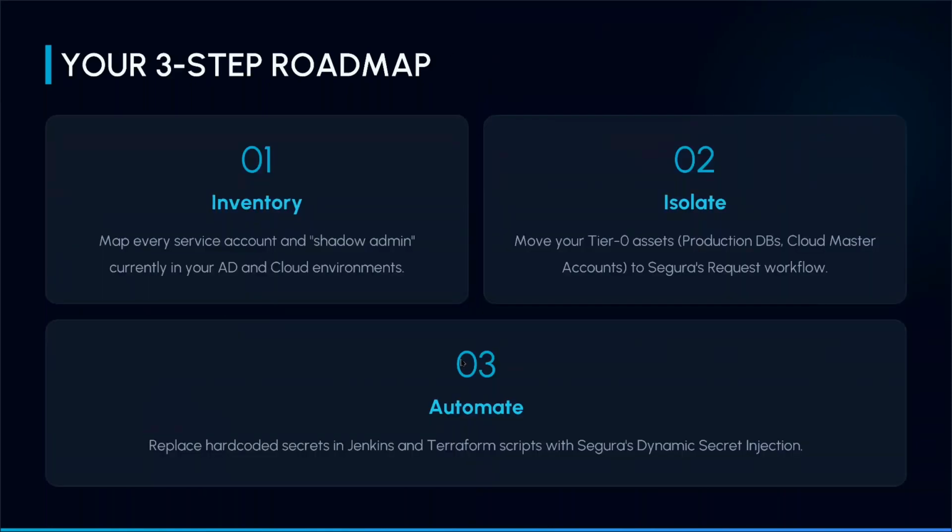So what should you do? First of all, you have to do an inventory. Map all your service accounts, find any shadow admins, any backup users, just-in-case users that definitely exist quite a lot in your Windows servers or in your cloud environments.